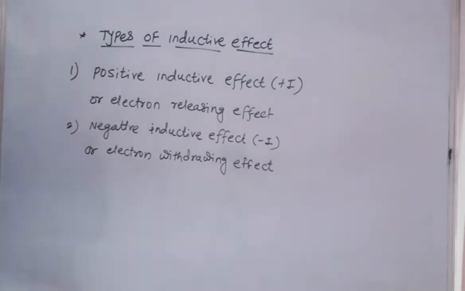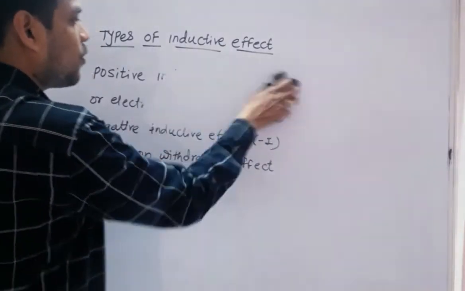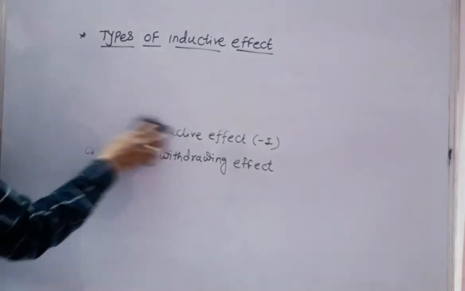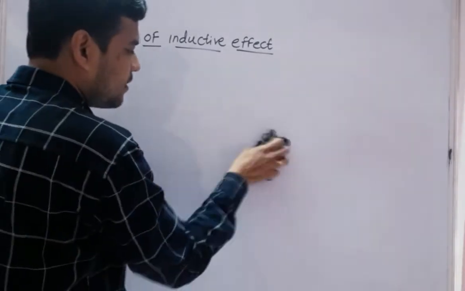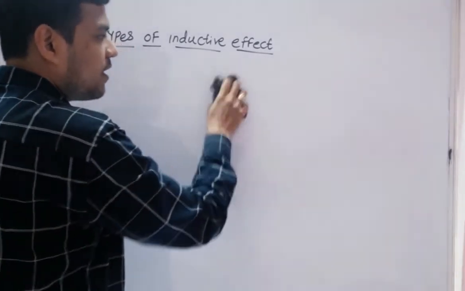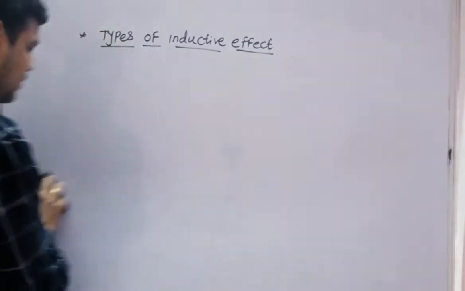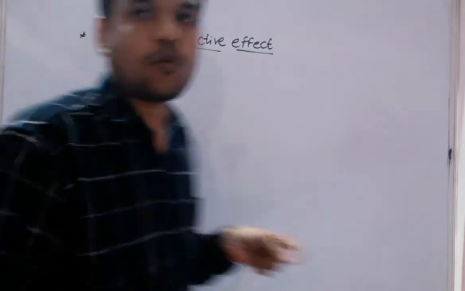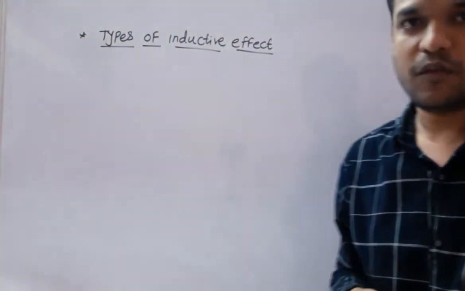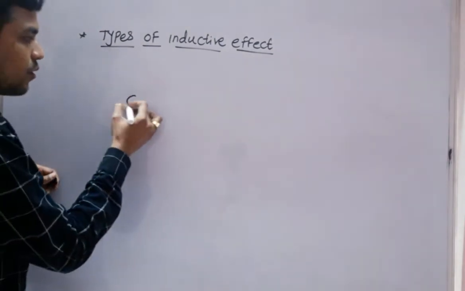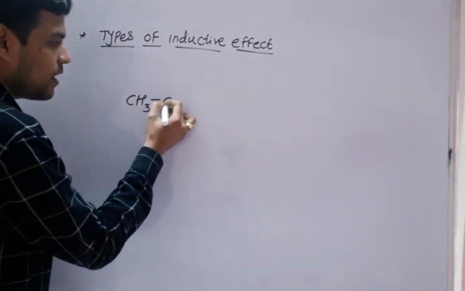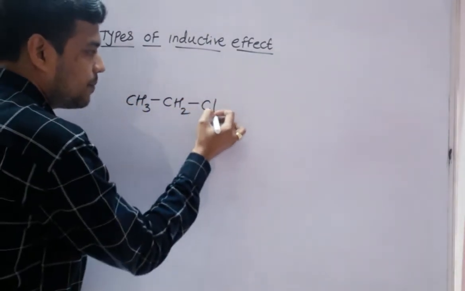We saw an example in the inductive effect, chloroethane. In that you can understand the positive and negative inductive effect. Which group shows positive inductive effect and which group shows negative inductive effect? See that example again, chloroethane, that is ethyl chloride, CH3CH2Cl.